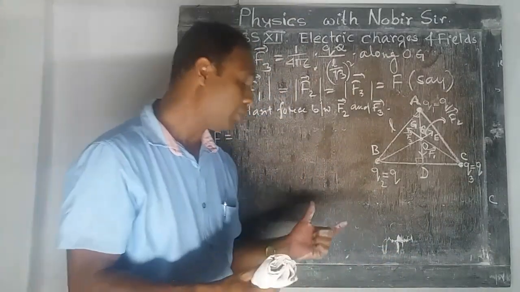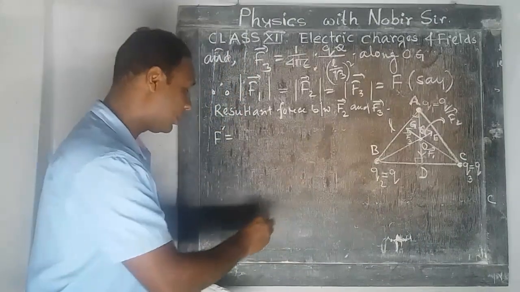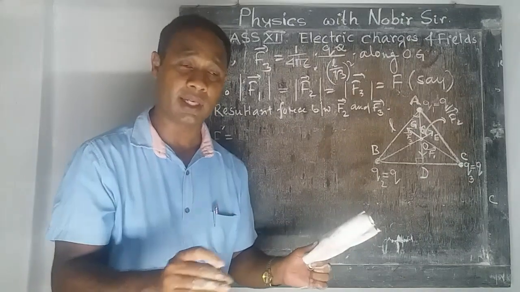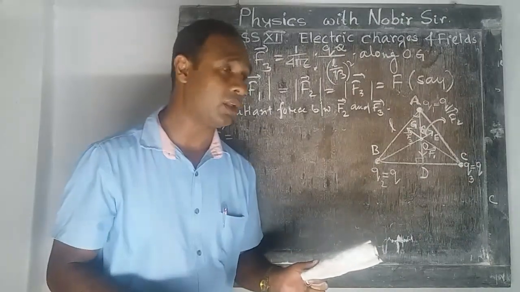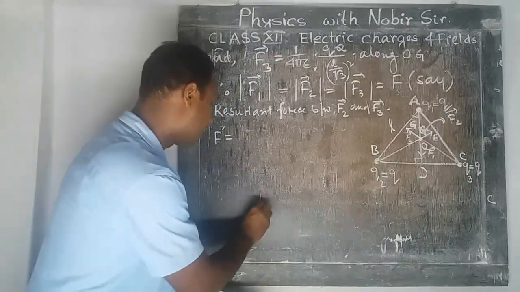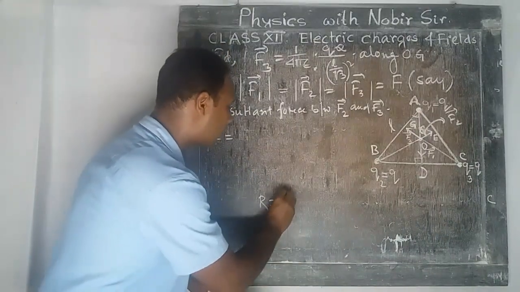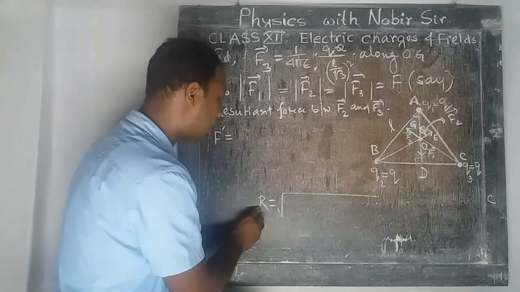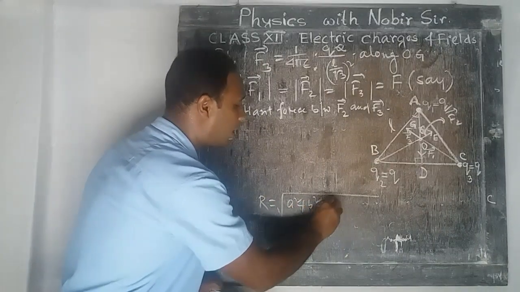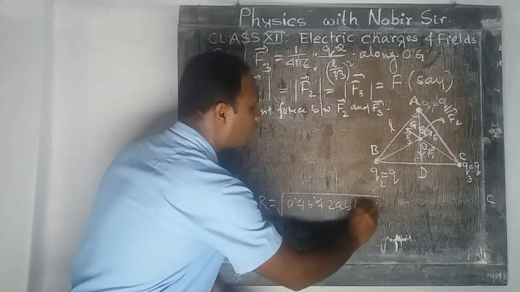That is, if two vectors A and B are acting at a single point at an angle theta, then we can call the resultant vector R equal to root over A square plus B square plus twice AB cos theta.